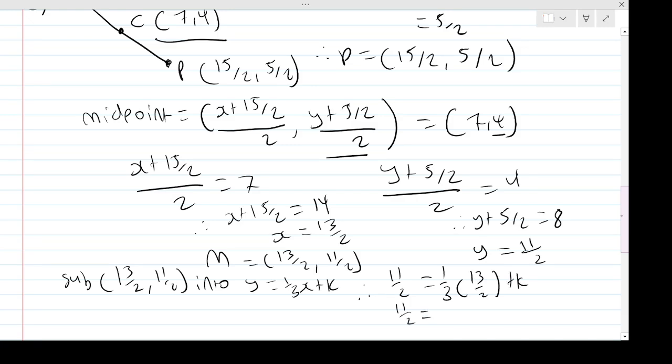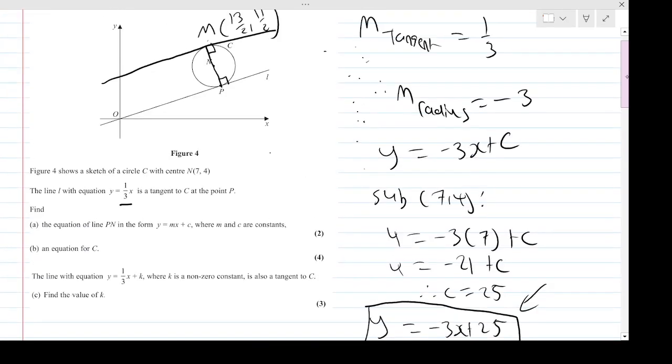A third times 13/2 gets me 13/6, so 11/2 equals 13/6 plus k. Therefore, if we subtract 13/6 from both sides, I get k is 10/3. Cool, there we are. So, yes, that's that question now.